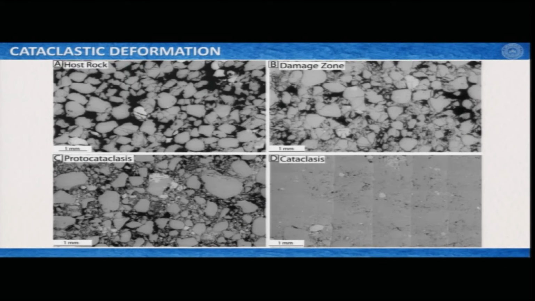Here is one very good microstructural study, scanning electron microscopy images, SEM images. So, this is the host rock, that is sort of undeformed rock. These gray areas are the grains and the black areas are your porosity. As you can see, when the deformation comes, then we produce some damage along the grains.